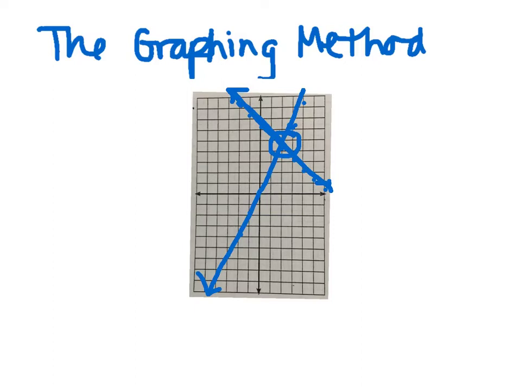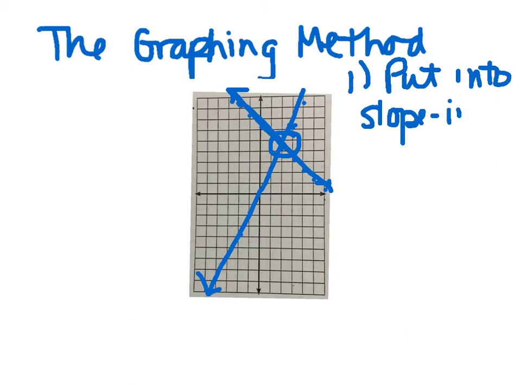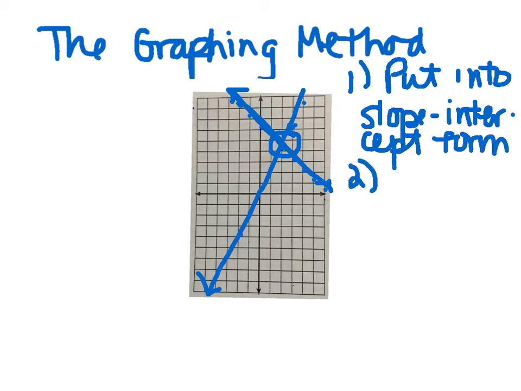So in the graphing method, the first thing you want to do is put your equations into slope-intercept form. Y equals mx plus b. And hopefully you remember how to do that. Then you want to graph them. And then any points of intersection are solutions.